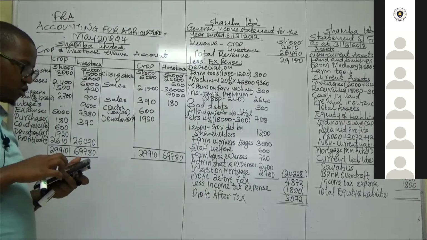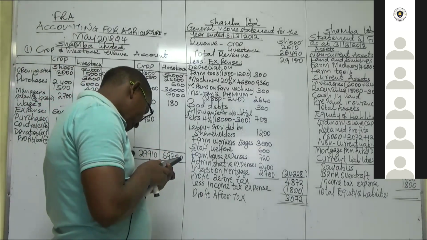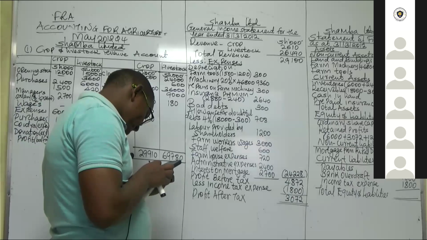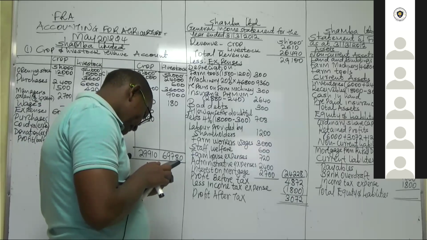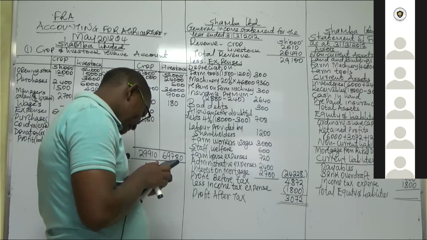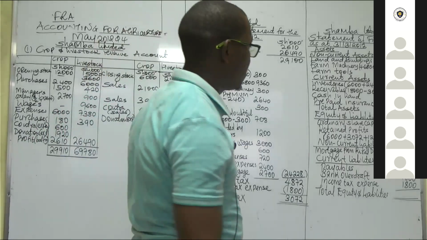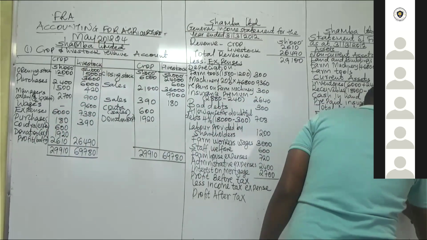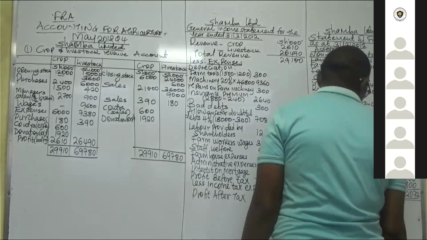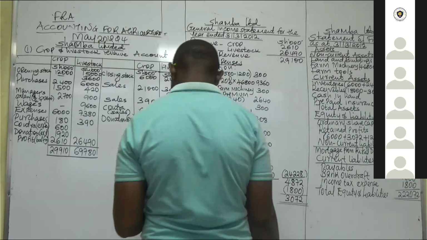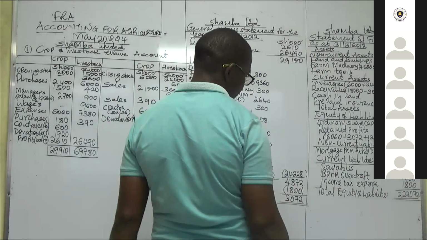What is the total equity and liabilities? So it is balancing, 222,072. And that is how you are required to do that.